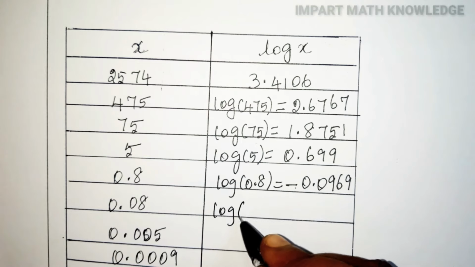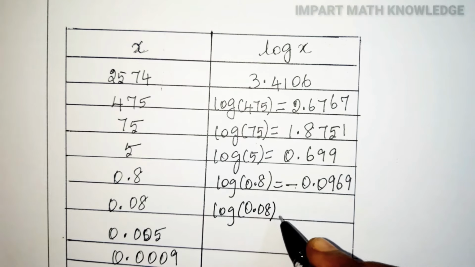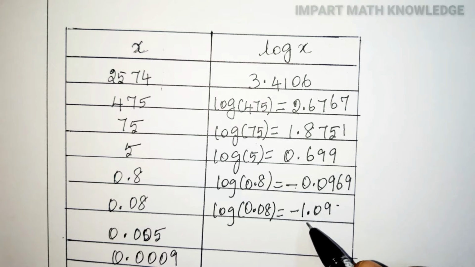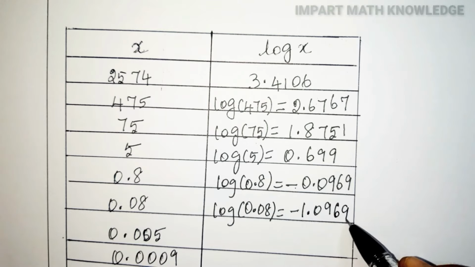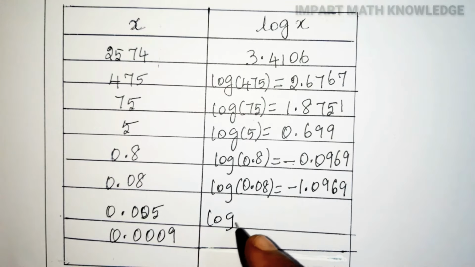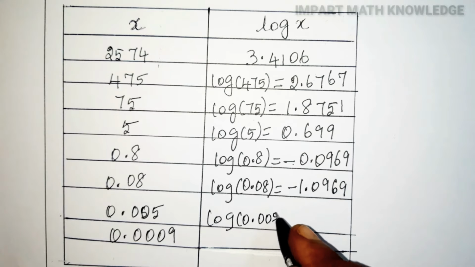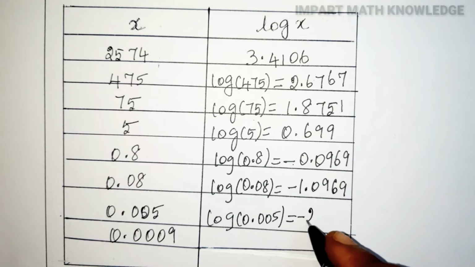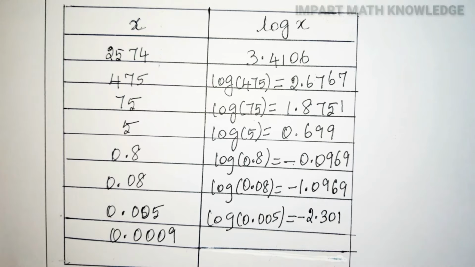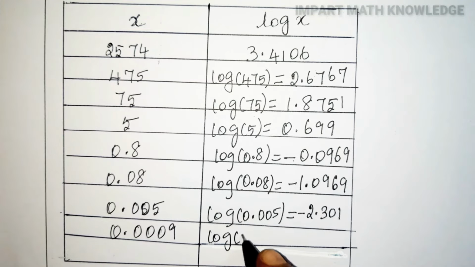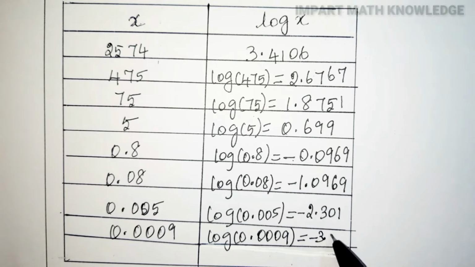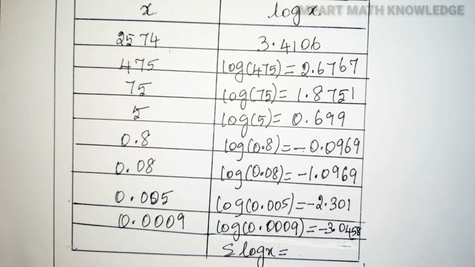Log 0.08 is equal to minus 1.0969. Log 0.005 is minus 2.301. Log 0.0009 is equal to minus 3.0458. We have to take the total for the log x values.